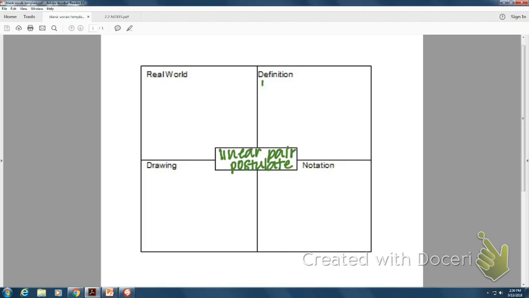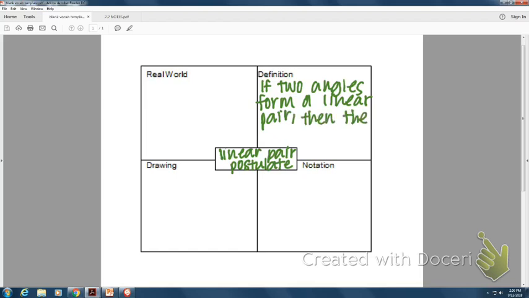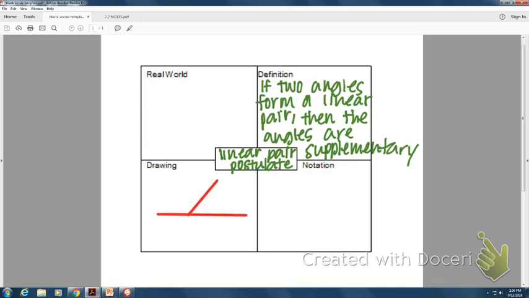Okay? So if two angles form a linear pair, then the angles are supplementary. You can just draw a pair of linear angles.